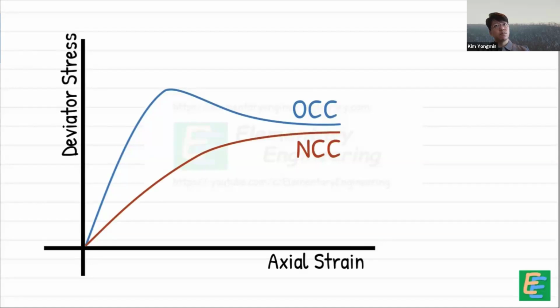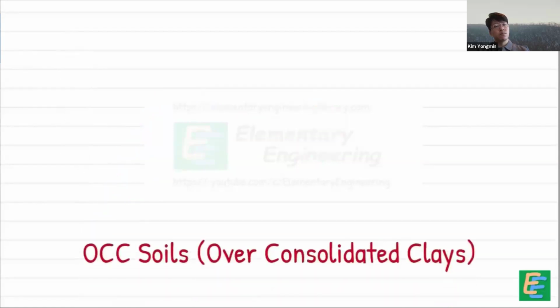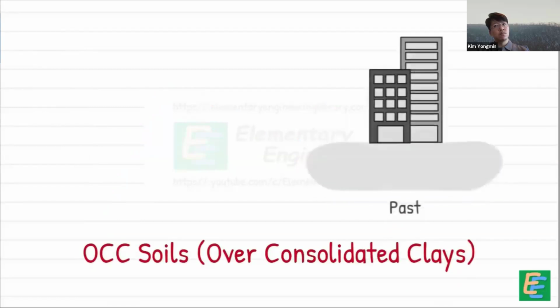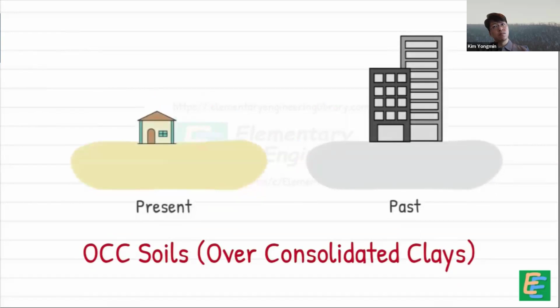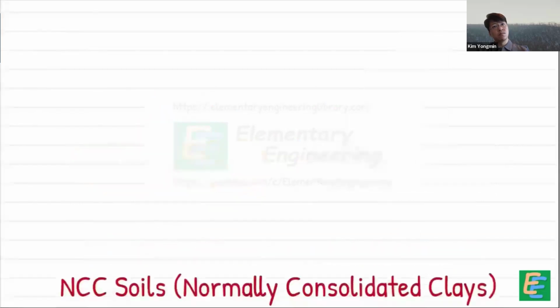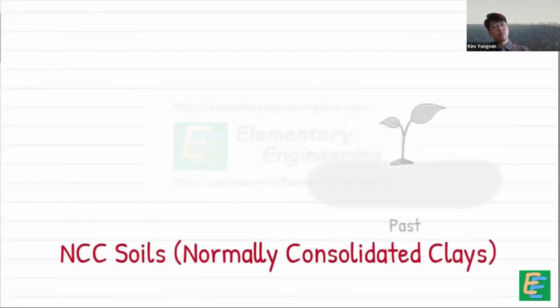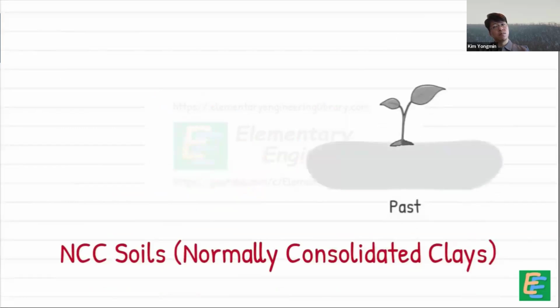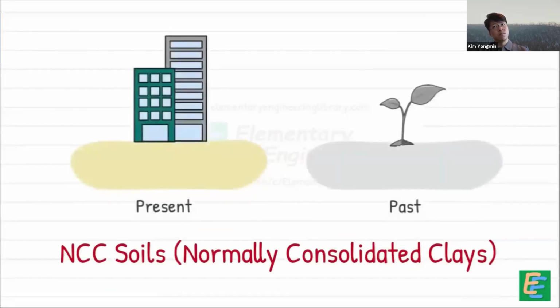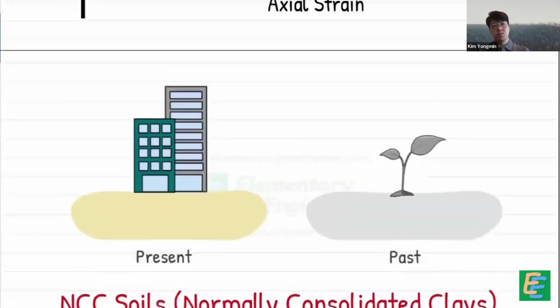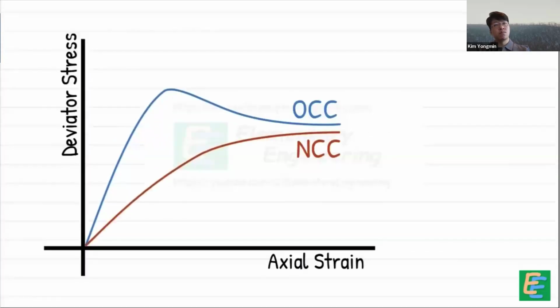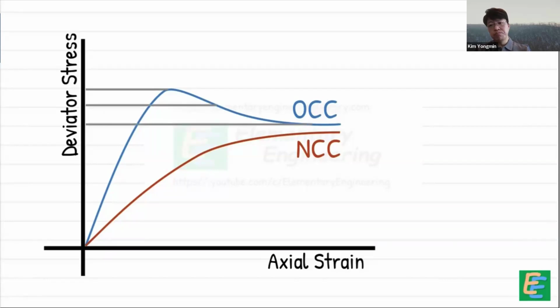We already know that over-consolidated soils are those that have experienced higher loads in the past than they are experiencing now, while normally consolidated soils are those that are experiencing their highest load currently. For over-consolidated soils, we observe a clear peak in the graph, followed by a drop in stress and eventually stabilization.